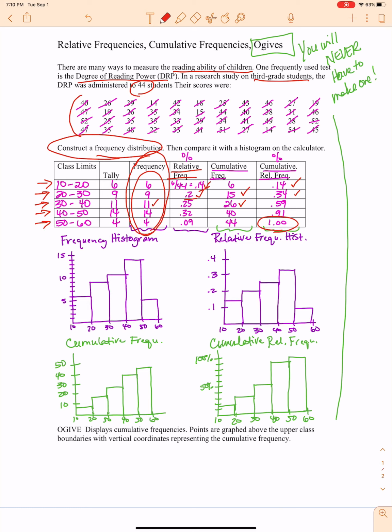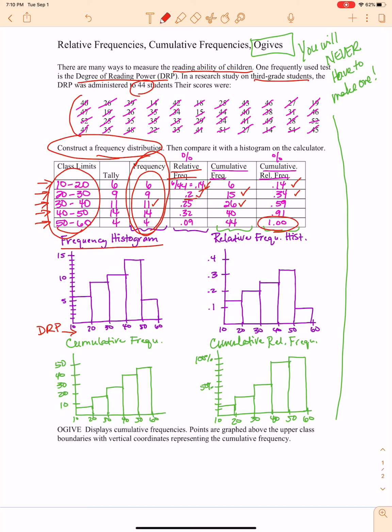Okay, so now below this, I've got a graph for each of these columns of values. So my frequency histogram is right here. And as you can see, I've got my bins drawn out just like I would have. My DRP is right down here, and how many fit between each of these class limits that I set.